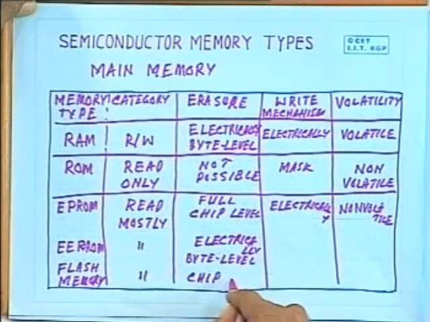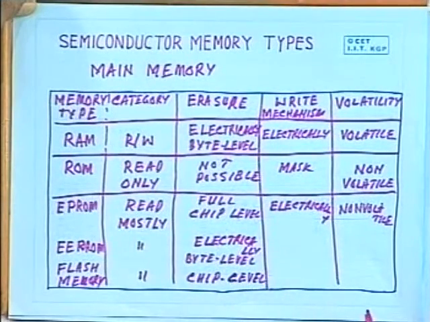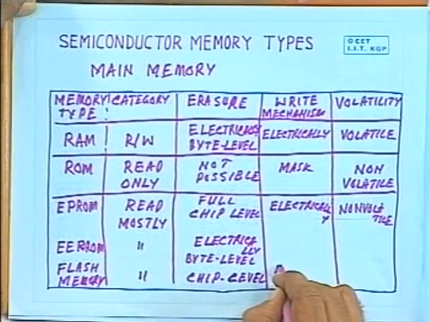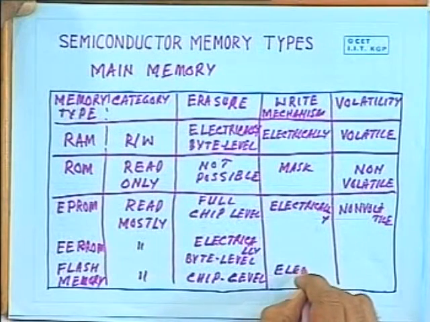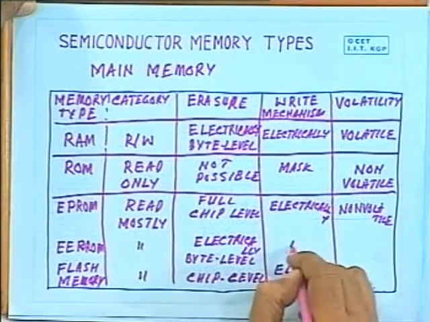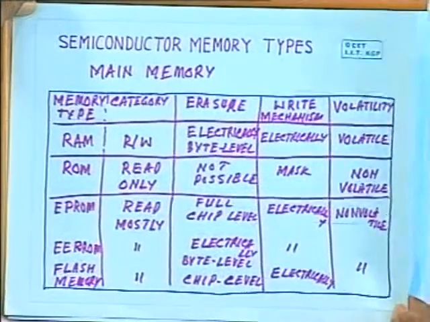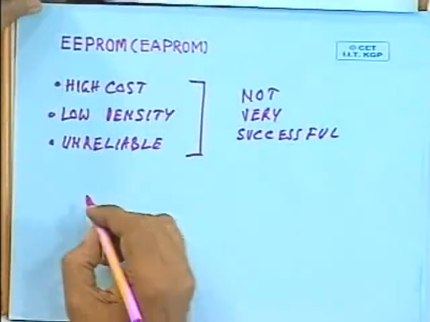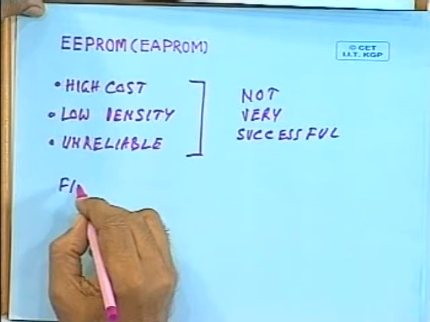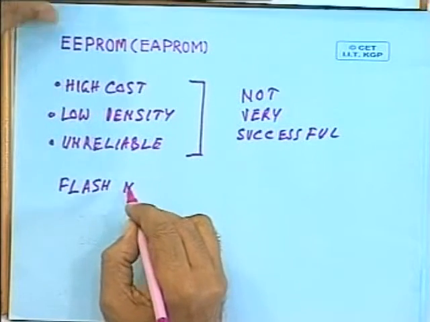That means erasing can be done at chip level. All the elements are erased in a flash, and this can be done electrically. This is also an electrical write mechanism, and these are all non-volatile. So let us try to understand the main feature of flash memory.